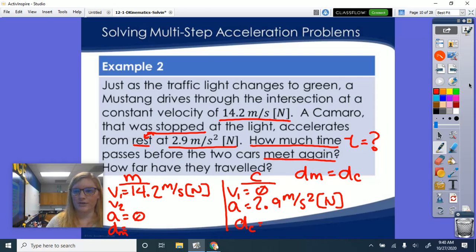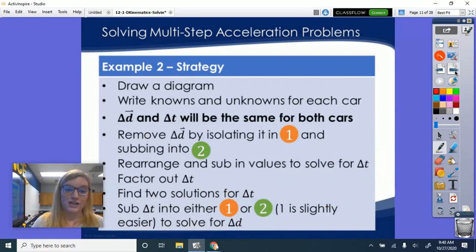So let's go through the steps of how we're going to make sure we have all the information for this problem. We're going to draw a diagram. So being able to kind of visualize what's happening with each car is going to help us to understand if our answer is valid or not. We're going to write the knowns and unknowns for each car, which we just did. We're going to have our displacement and time being the same for both cars because they're going to cross paths at the same time.